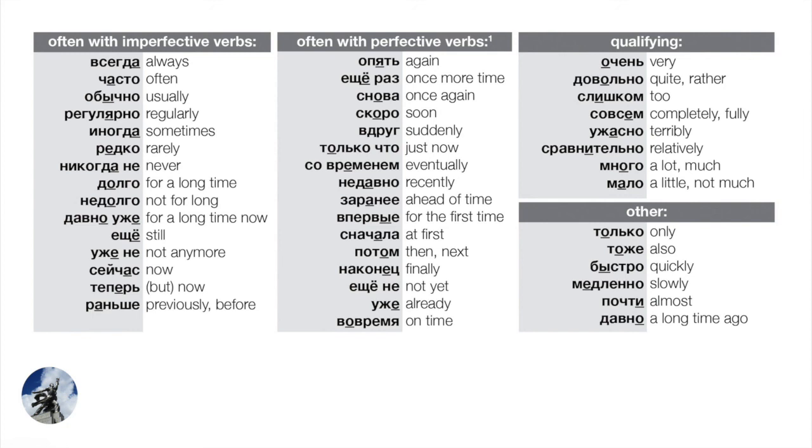Okay, let's keep moving. Долго, недолго, давно уже, for a long time already or for a long time now. Еще, уже не, right? Already not, literally, or as we usually say in English, not anymore. Сейчас, теперь, раньше.